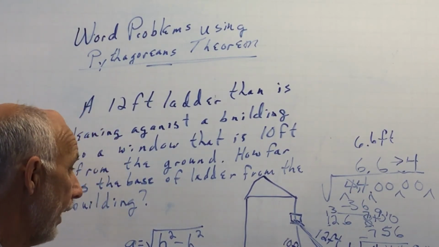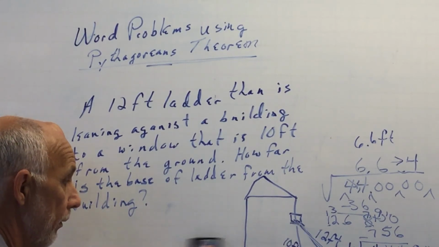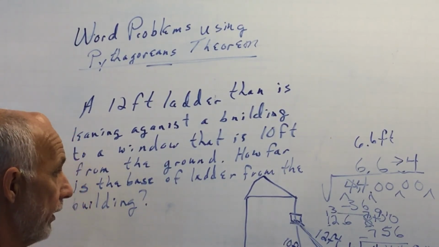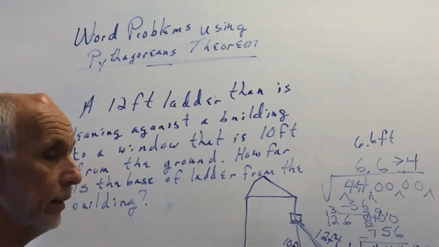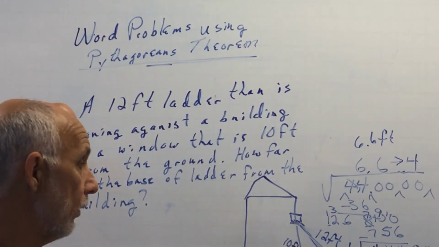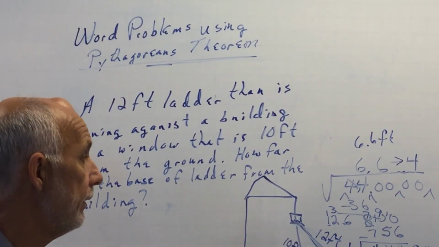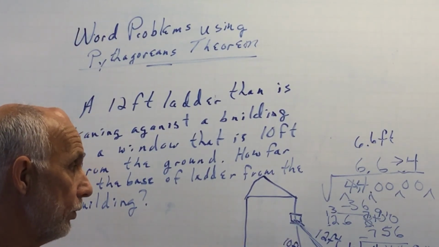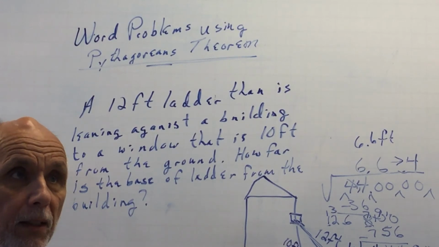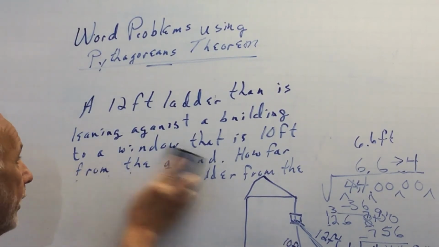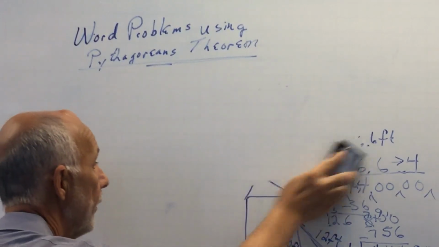All right, so that's one word problem using the Pythagorean theorem. And again, the picture shows you the right triangle, and the right triangle tells you whether you're looking for hypotenuse or leg. And then you can use the Pythagorean theorem to solve it. Let's look at one more example.